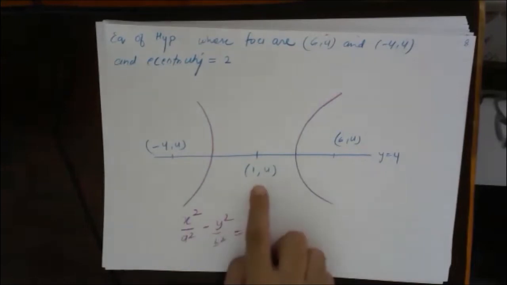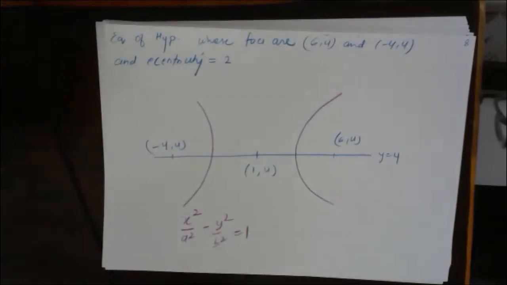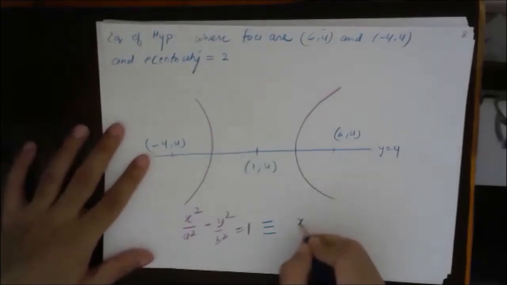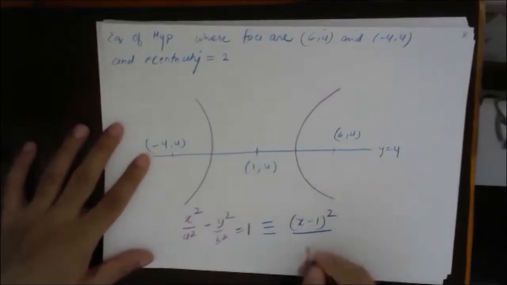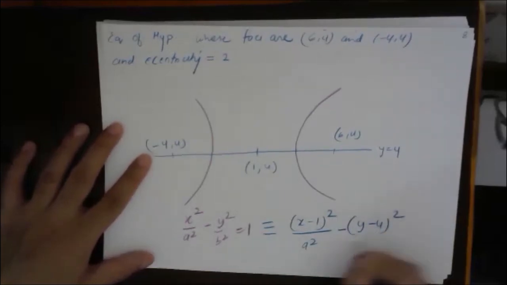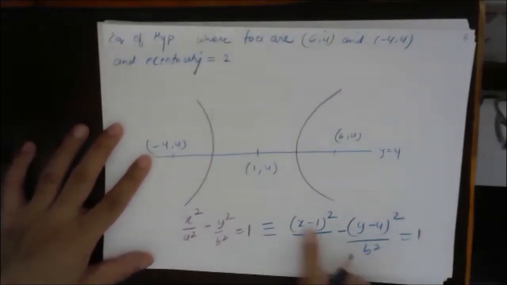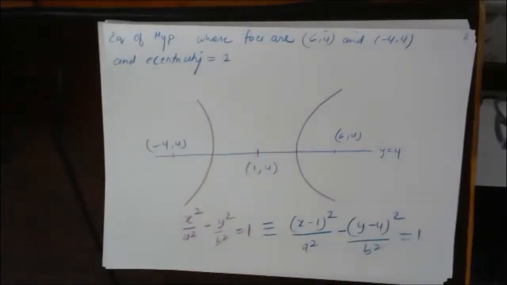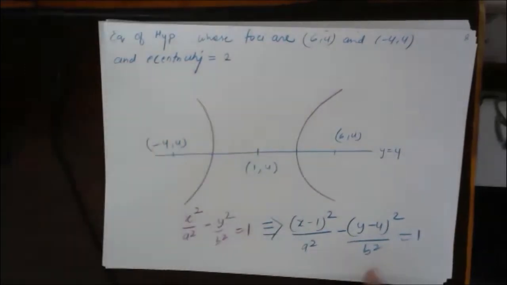But sadly this is not the center, so this hyperbola will change to x minus 1 whole square by a square minus y minus 4 whole square by b square is equals to 1. Okay, fine. Now we just have to find the value of a square and b square, right?